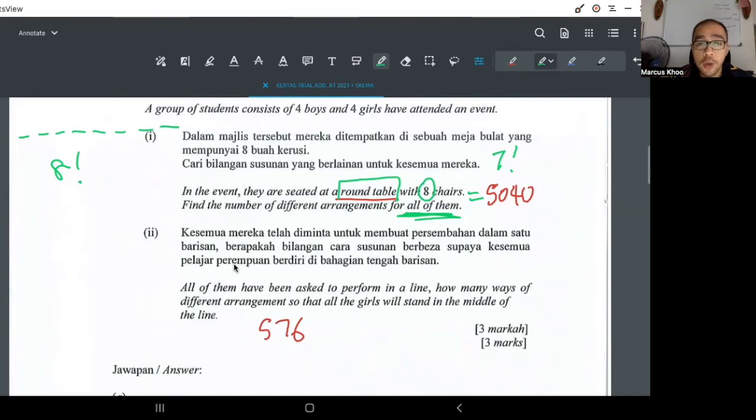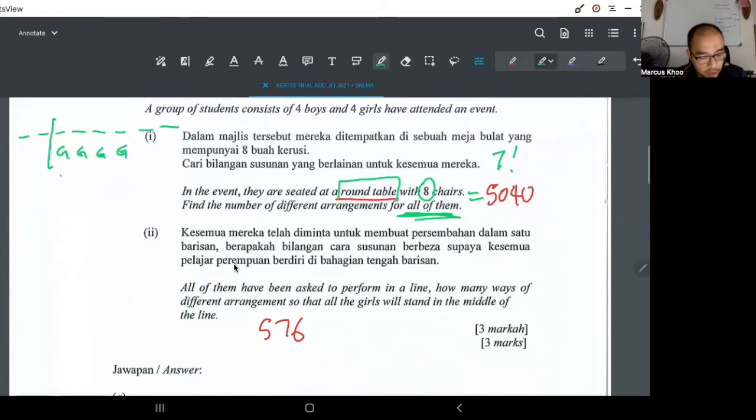Question number 2, all of them have been asked to perform in a line. So now it's everybody in a line. How many different ways of arrangement so that all the girls will stand in the middle of the line? All the girls stand in the middle of the line means this is girl, girl, girl, girl.